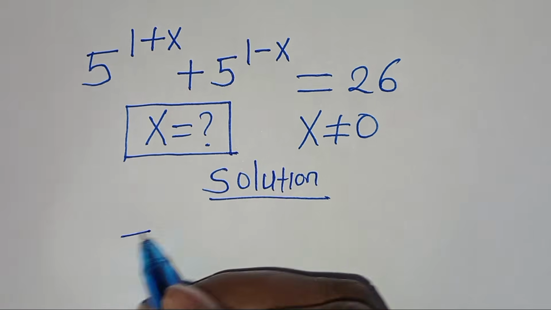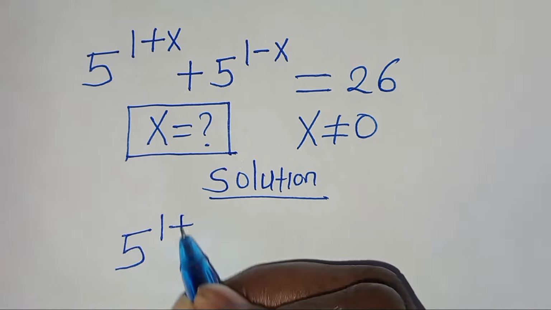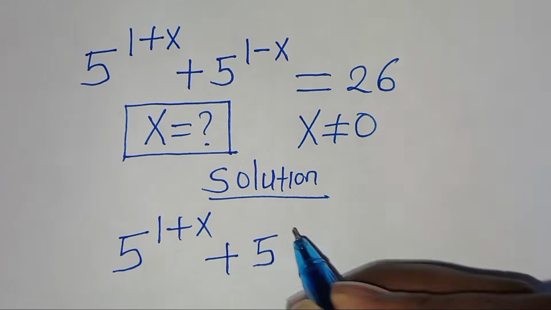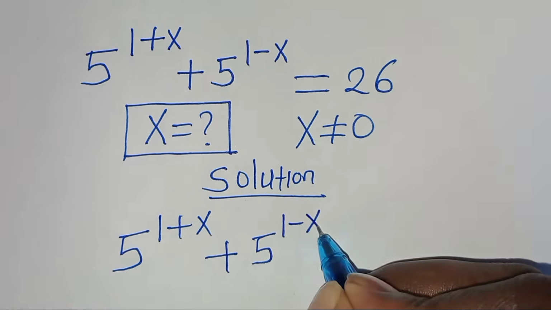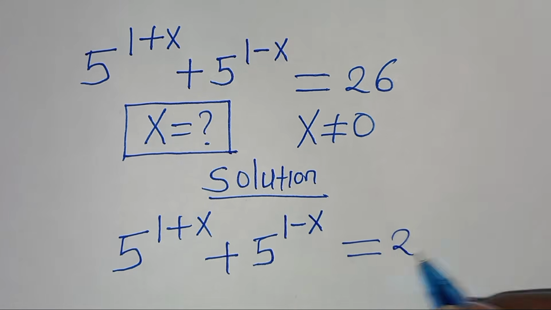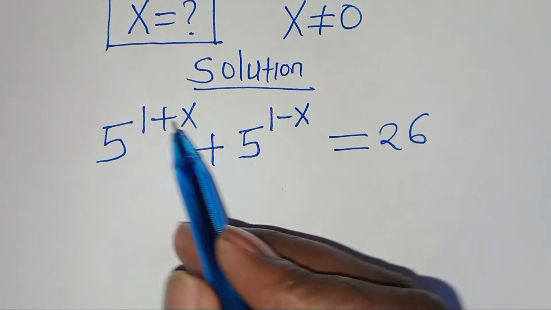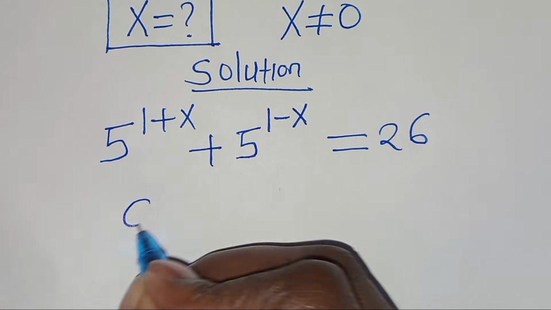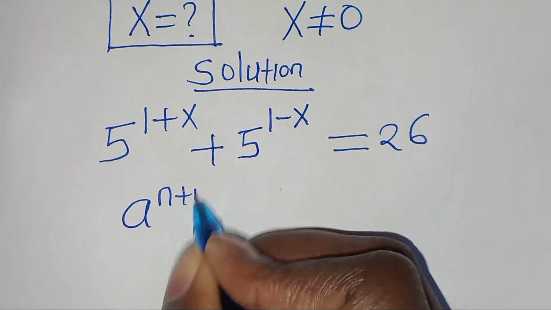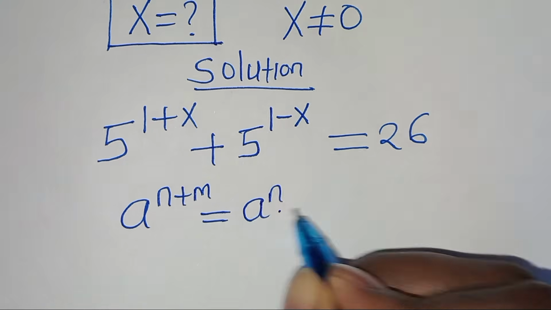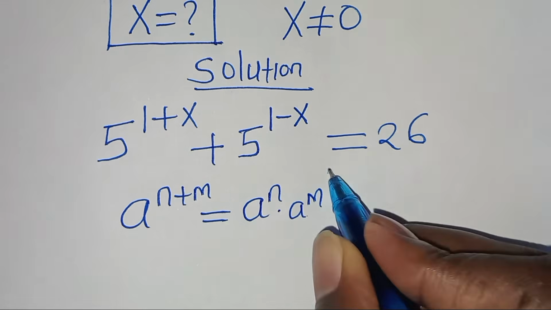We have 5 to the power of 1 plus x, then plus 5 to the power of 1 minus x. This is equal to 26. Now, you find that 5 to the power of 1 plus x is in the form of a to the power of n plus m, which we can express as a to the power of n times a to the power of m.